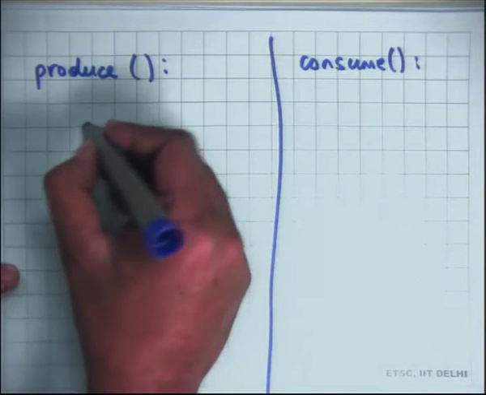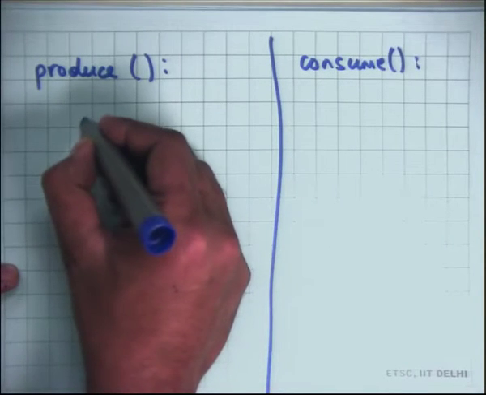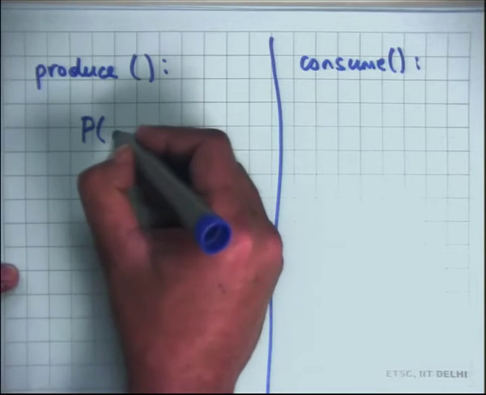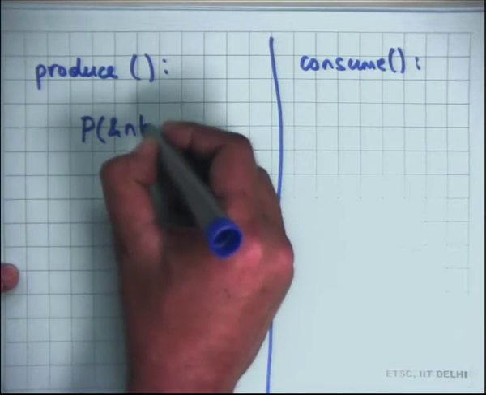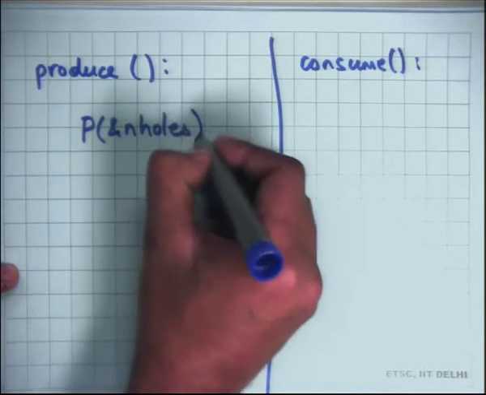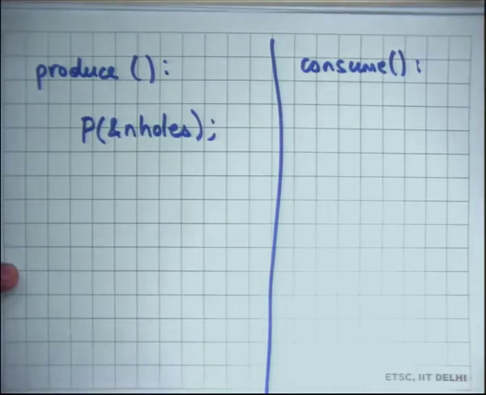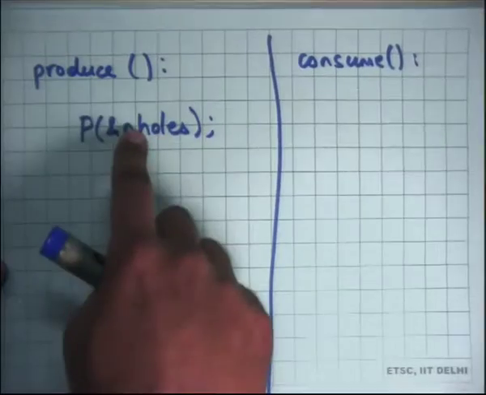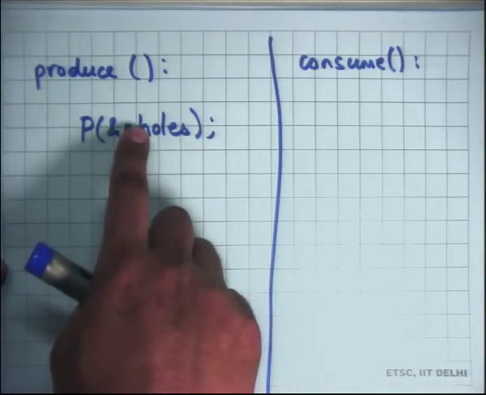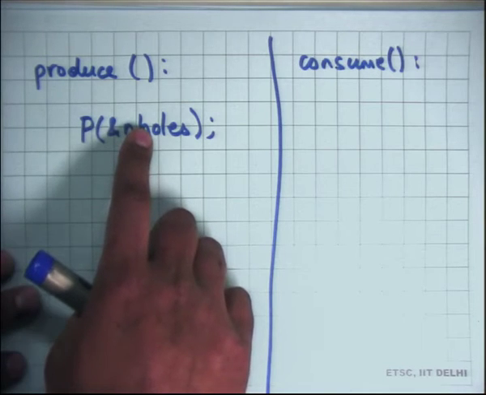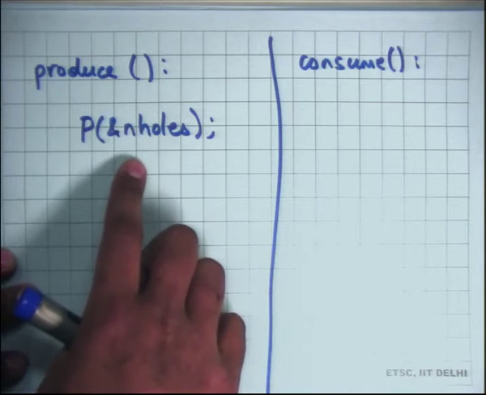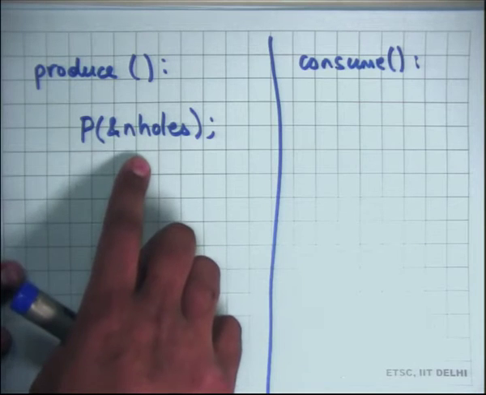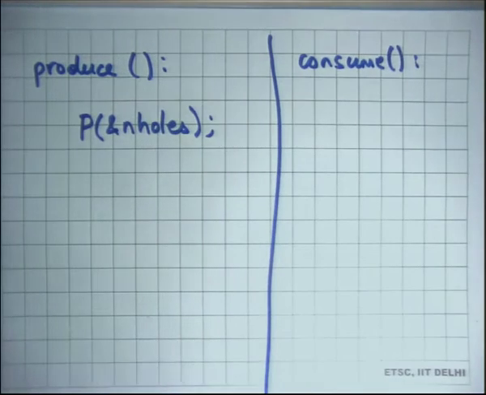All I need to do is, if I want to produce, I call P on n holes, right? Which basically means I decrement n holes by 1 in an atomic manner. Because n holes is a non-negative number, if I come out of P, I'm sure that there's an empty slot available in the queue, right?